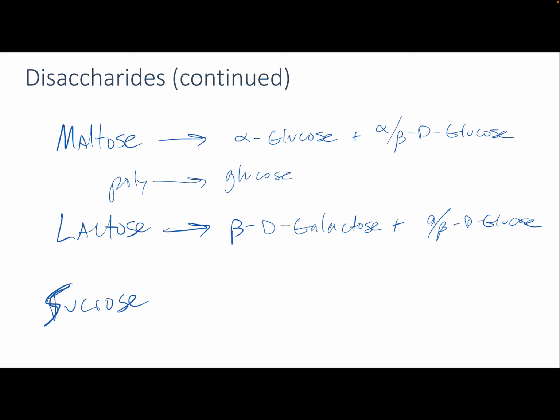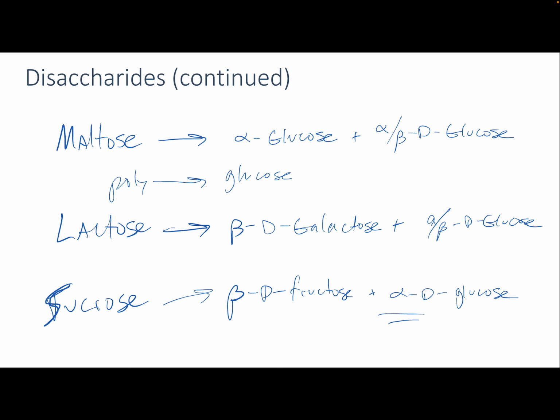And sucrose could be composed of, let me think, an alpha glucose and a beta fructose. So beta D-fructose and alpha D-glucose. And you're going to see here, in this particular situation, it has to be an alpha. We'll come back to that one when we take a look at it.